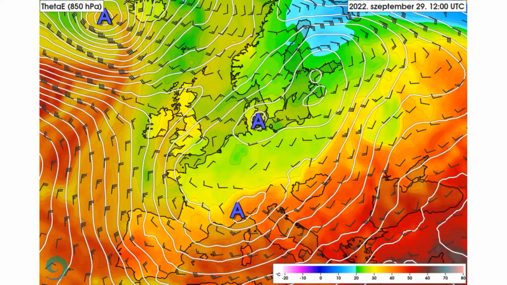And on the southeast side of this low pressure system, warm, humid air advected from the Mediterranean Sea, while the cold, dry air progressed to the southern parts of the continent on the northwest parts of Europe.